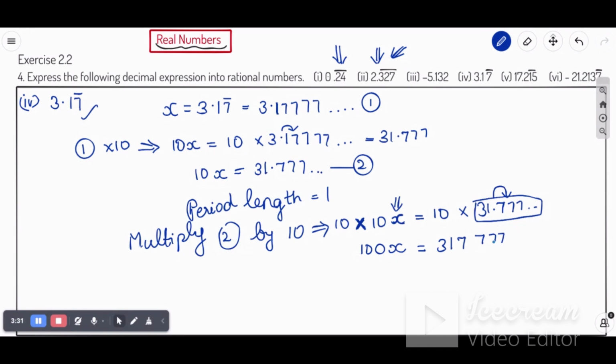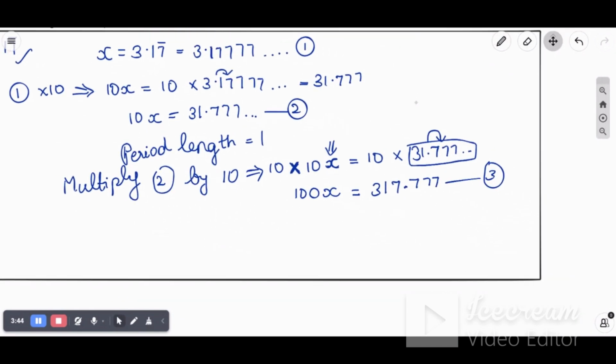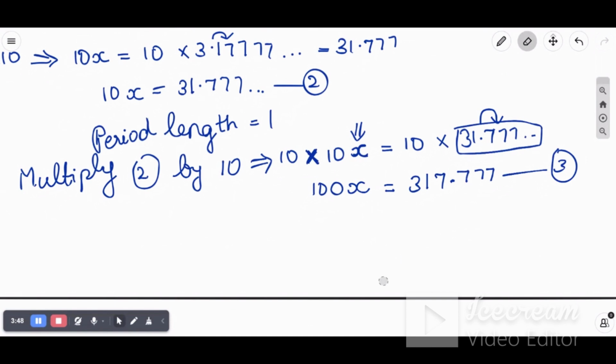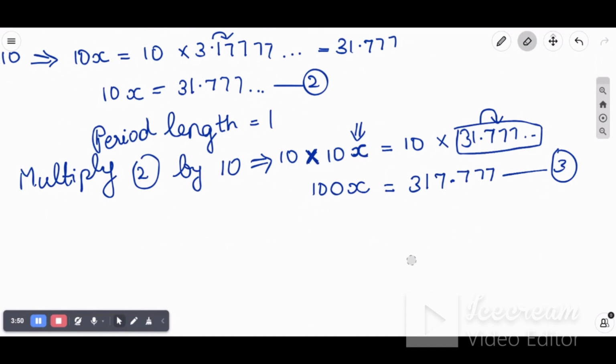If you want, this is recurring, so we will put it as 317.77 recurring. So now this is your third equation. Since we have got two equations over here, the second and third equation, I'm going to subtract, using these two equations as in the previous question. So what we have to do, which is the bigger one, 100x, right?